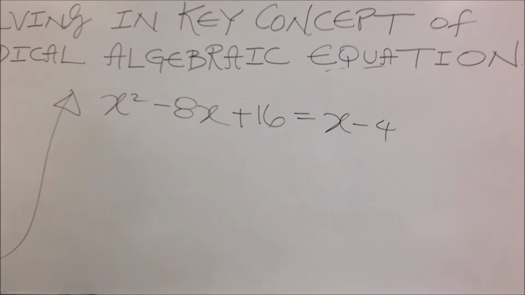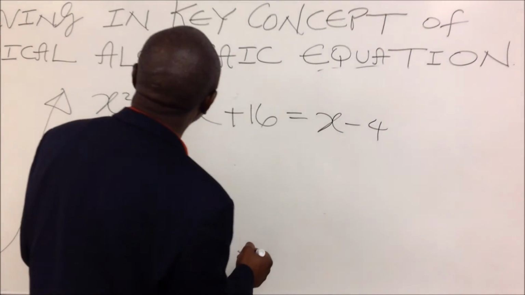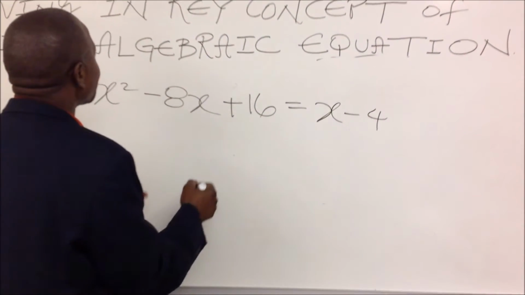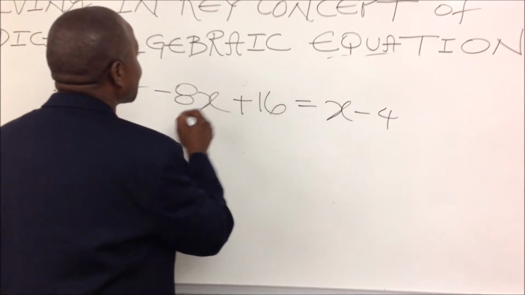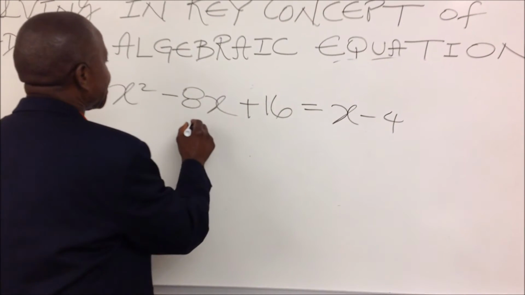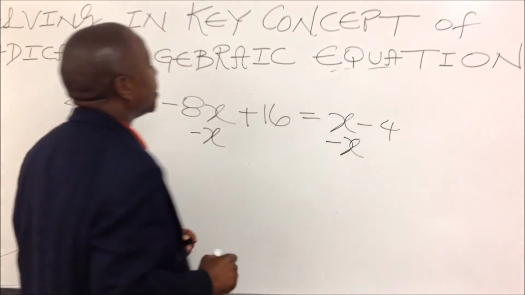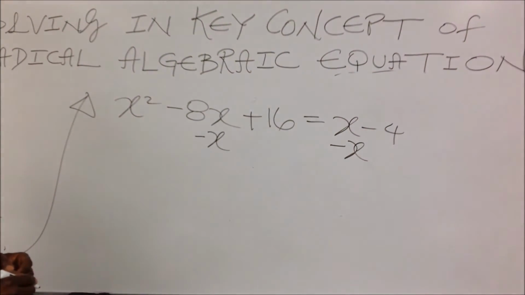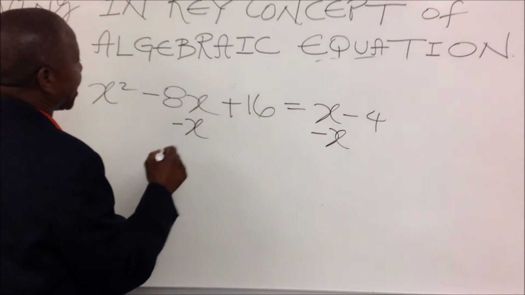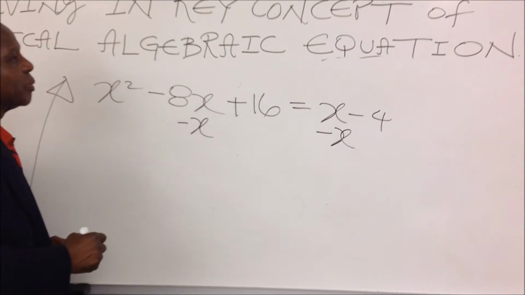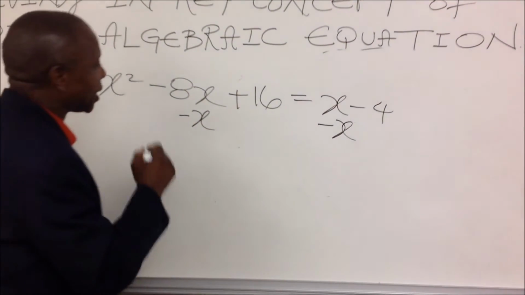So what we want to do now is first to subtract x from both sides of the equation. So just take away x here and take away x, so that we can begin to develop the problem appropriately.